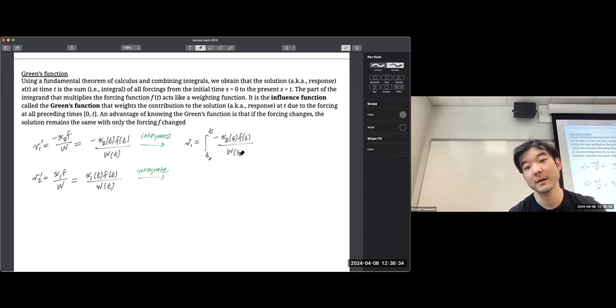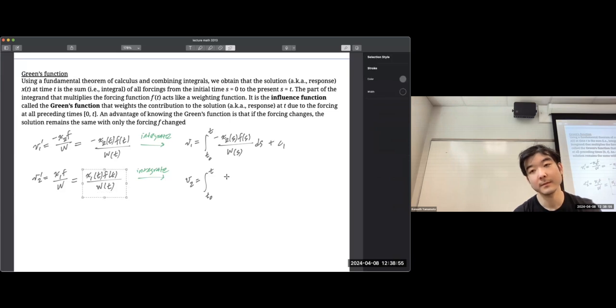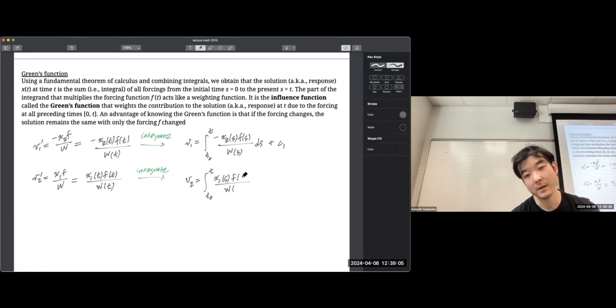This becomes more important for this kind of problem because you have to keep track of which one's the integration variable and which one is the actual variable. So that's the fundamental theorem. To just leave it as a definite integral, you're going to integrate from t naught to t of this guy. But then I'm going to replace all the t's with s's. And this is ds, and another integration comes.